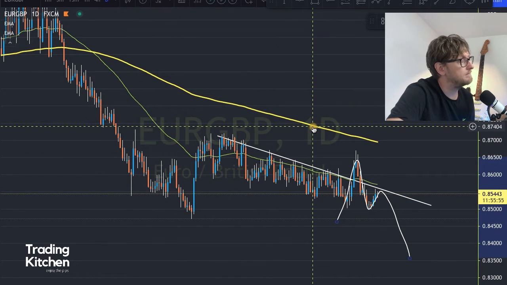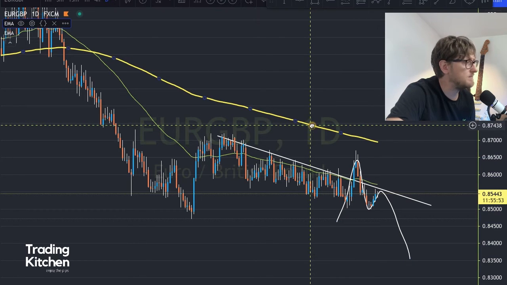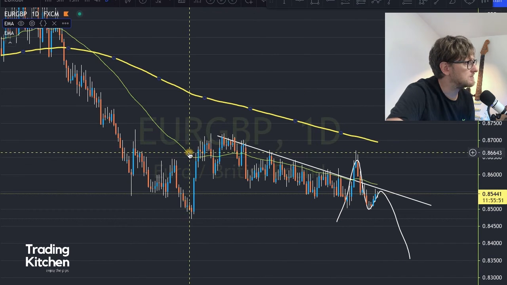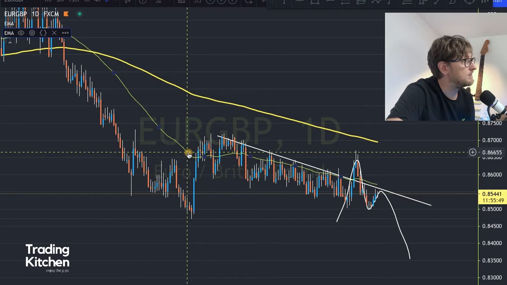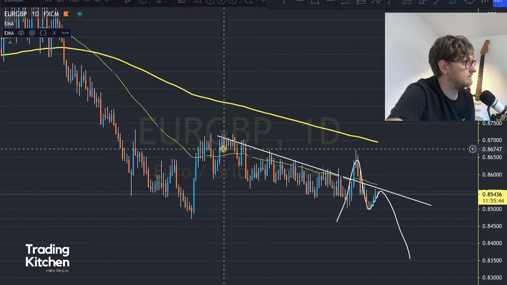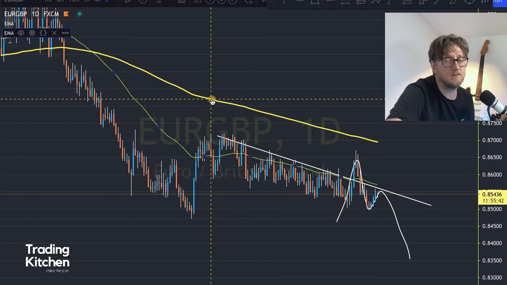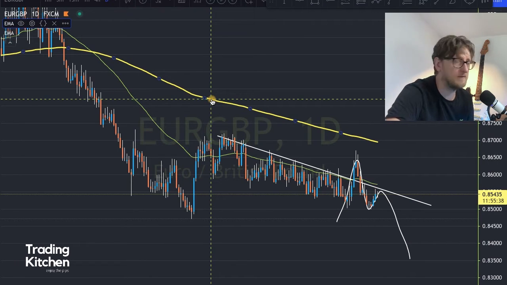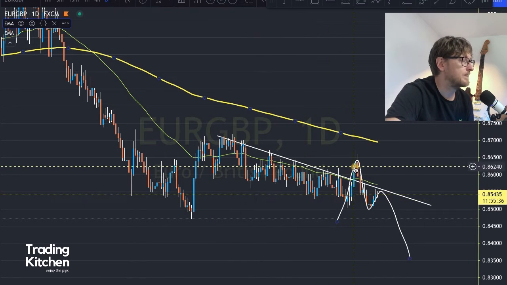Price is below the 200 EMA, which is the yellow line, and price is below the 50 MA, which is the green one, and the 50 MA is below the 200 MA. So everything tells me that we are going to be short again.